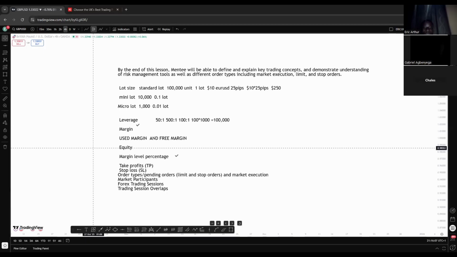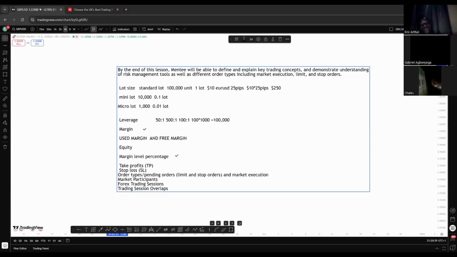The margin level percentage determines the health of your trading account by comparing your equity to your used margin. Most of the time it is expressed as a percentage.